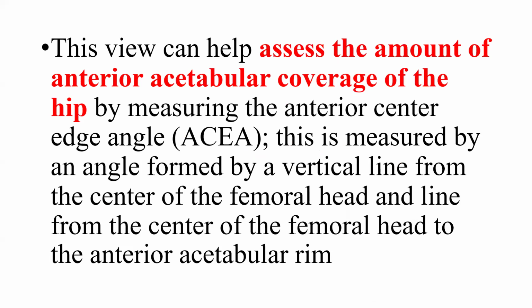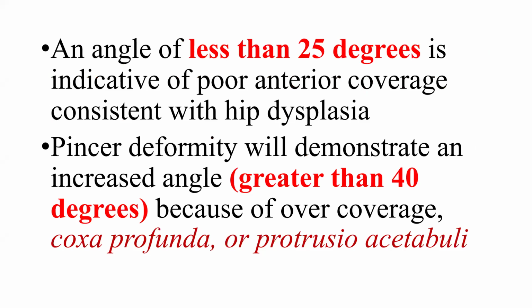angle formed by a vertical line from the center of the femoral head and a line from the center of the femoral head to the anterior acetabular rim. An angle of less than 25 degrees, as I mentioned, is indicative of poor anterior coverage.